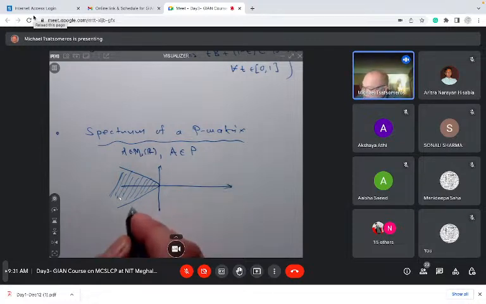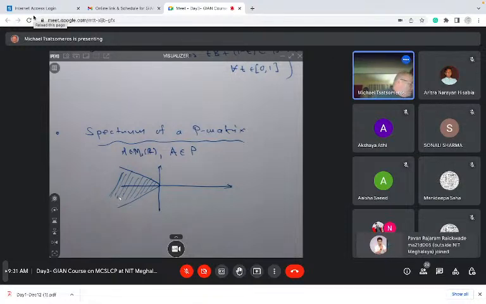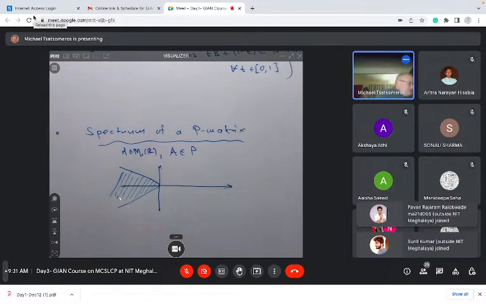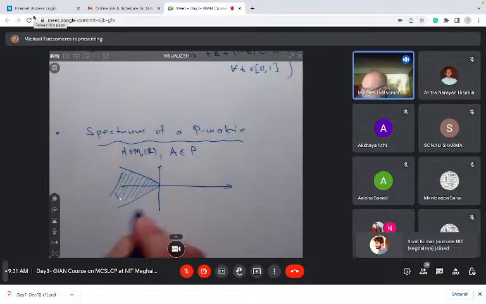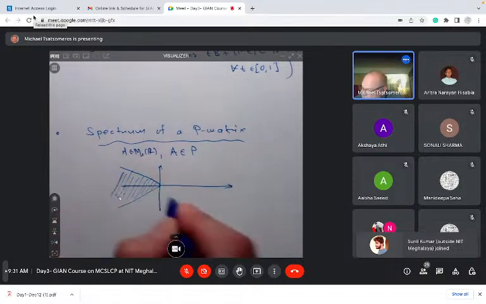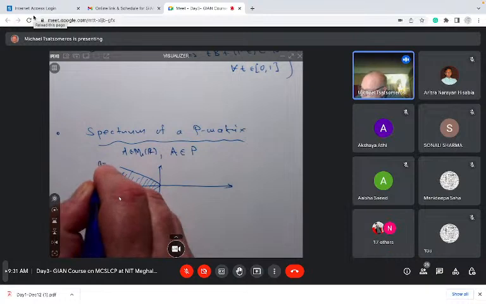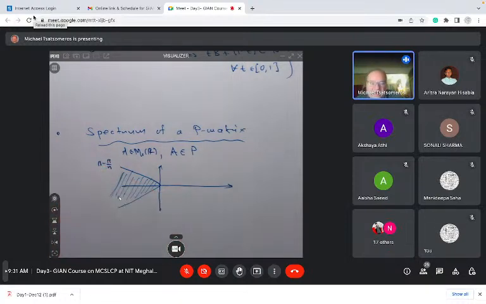So what is this sector? I'm going to switch colors here because my pen died. Okay. So here is the angle pi minus pi over n. N is the size of a matrix, and this is pi plus pi over n.